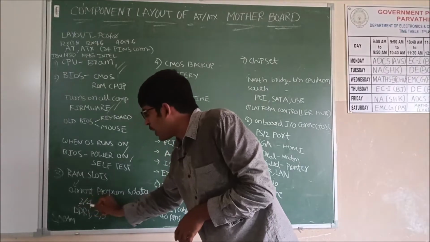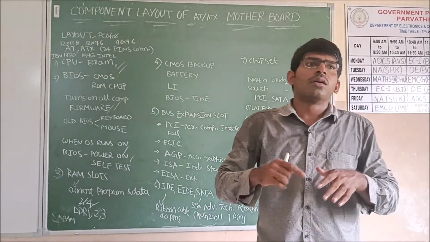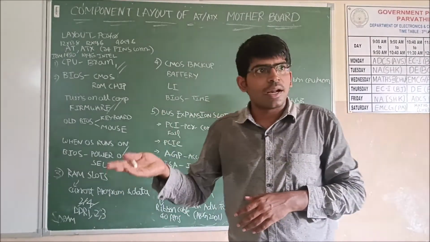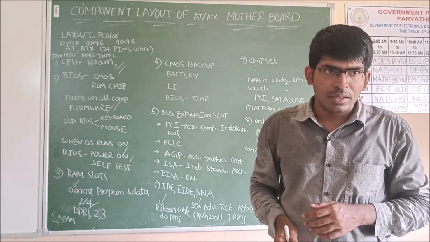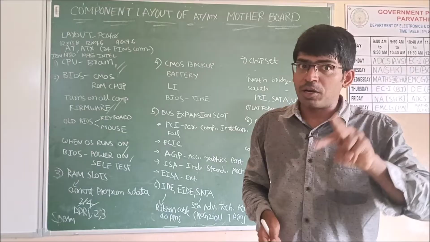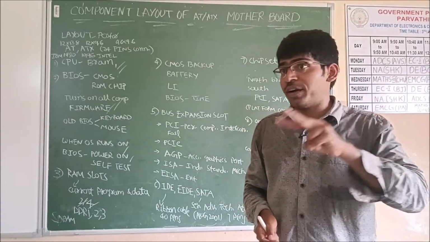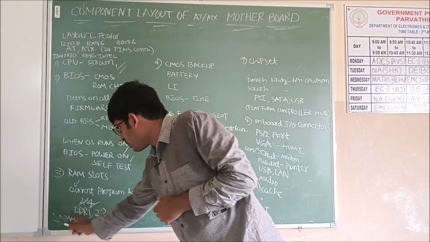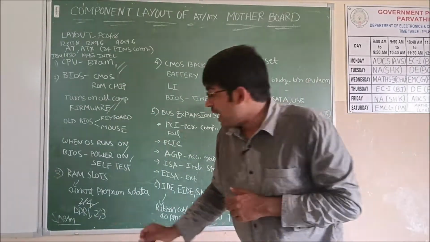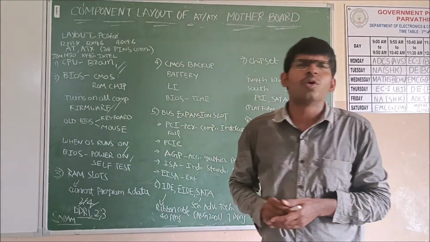Generally there are 2 RAM slots, and some motherboards have 4 RAM slots. Different types of RAMs are there. We have desktop RAMs and laptop RAMs. The same RAMs will not work for desktop and laptop. In desktop also SD RAM is there and DDR type RAMs are there.